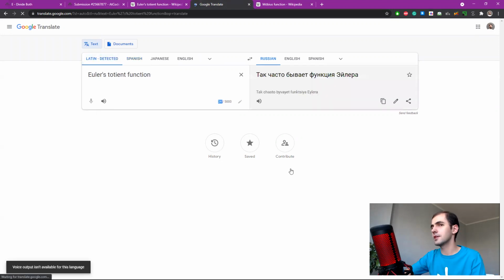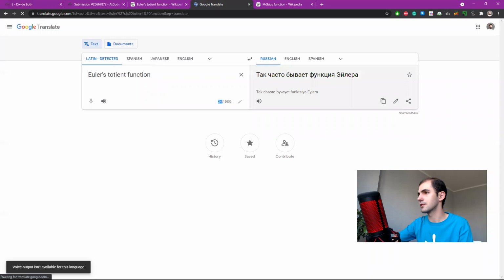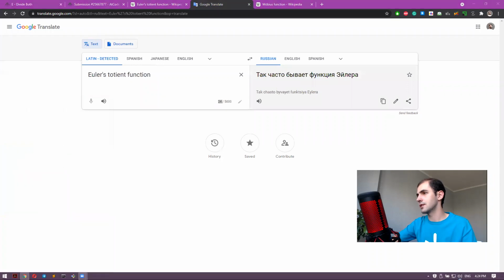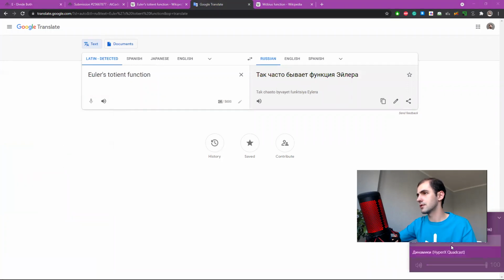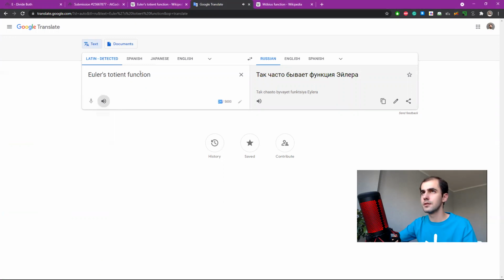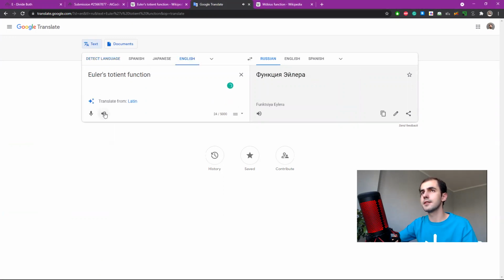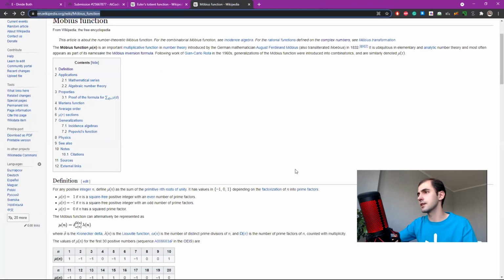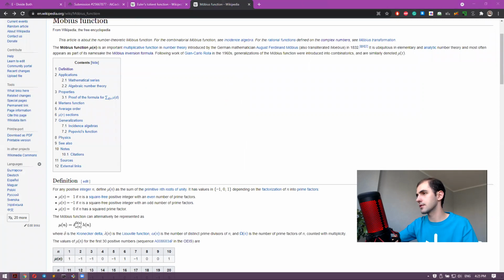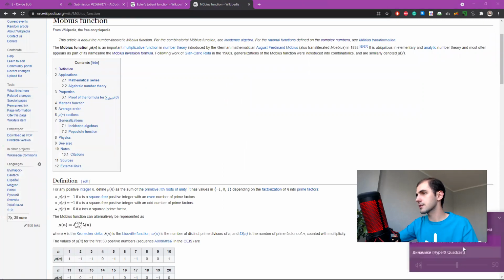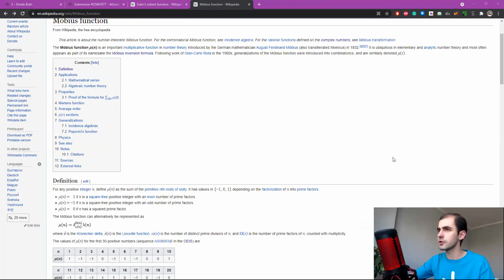I need to change that. Oh no, that's Latin. Euler's totient function. Totient. Okay, yeah. So that's a tricky thing about English. Things may get pronounced not the way they look, fortunately.